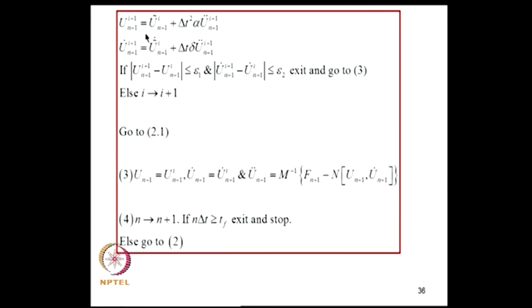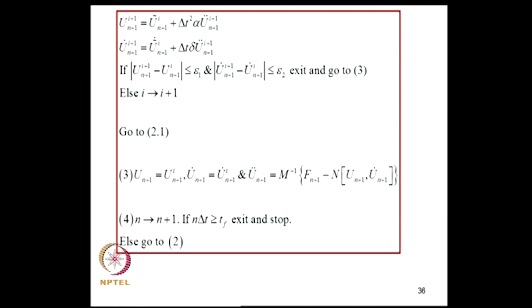So, I get acceleration, from which I will again improve upon the displacement and velocity and check whether convergence has occurred. If it has occurred, we will exit the iteration loop, otherwise we will iterate once again, with the predictor values now replaced by these improved values.